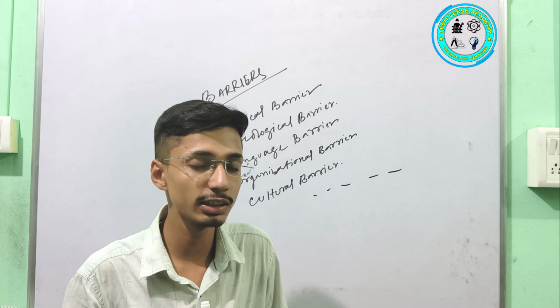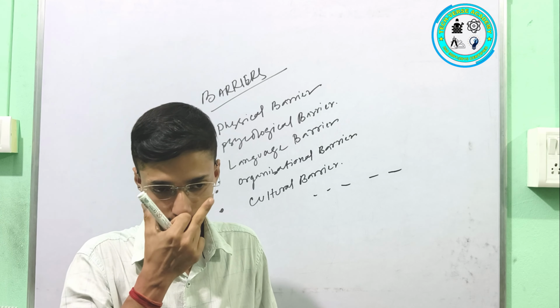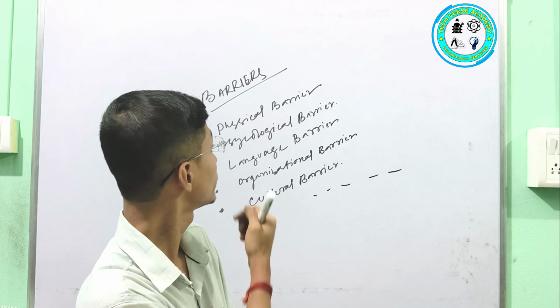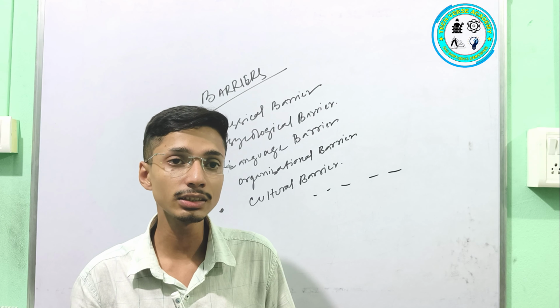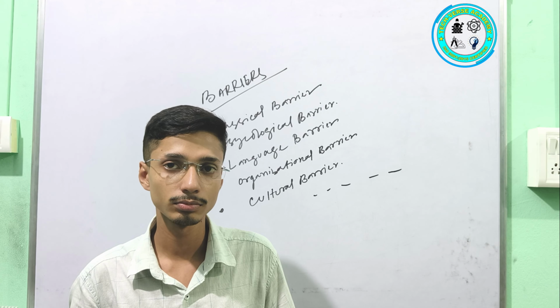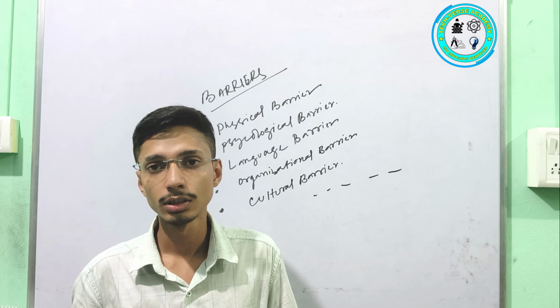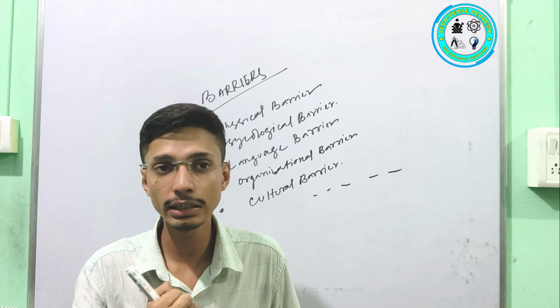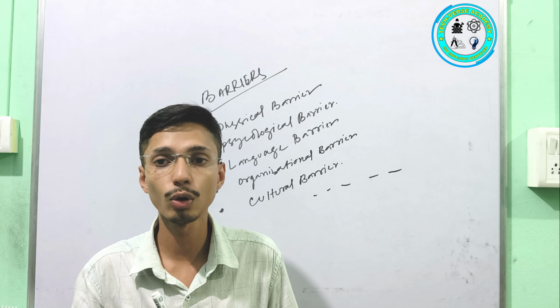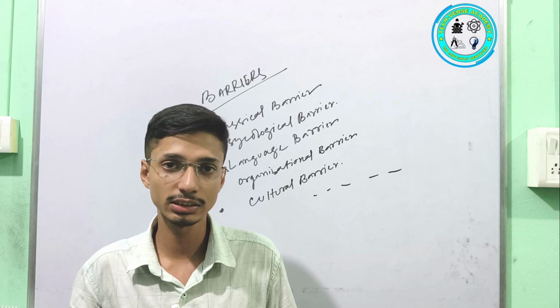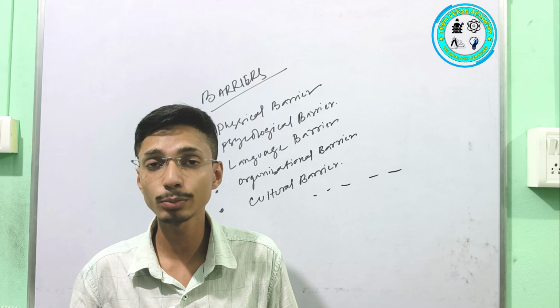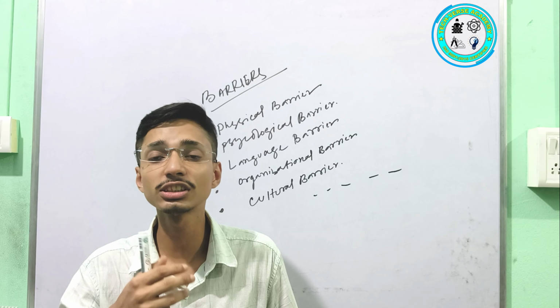Those barriers can disturb our communication process. Suppose the first one is physical barrier. What type of problems can arise with a physical barrier? The first problem is when we communicate with a person or listener over a long distance, the communication process has to face a few disturbances.